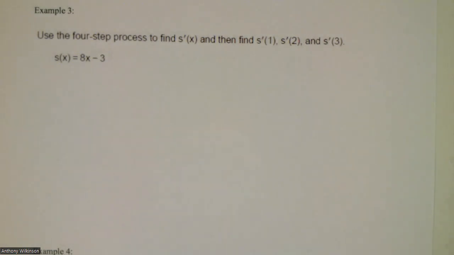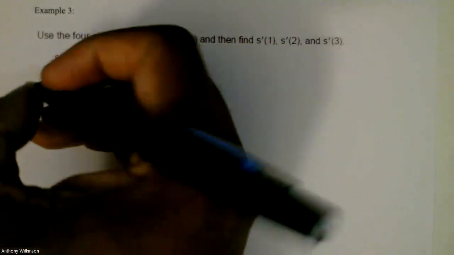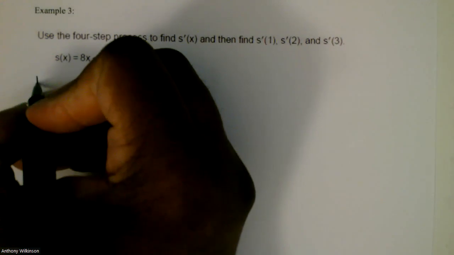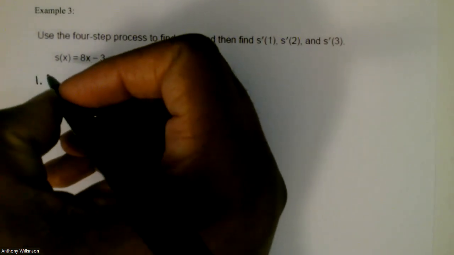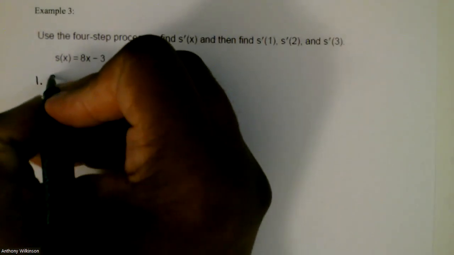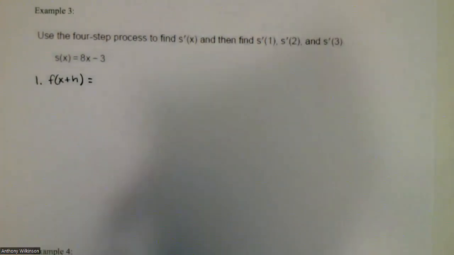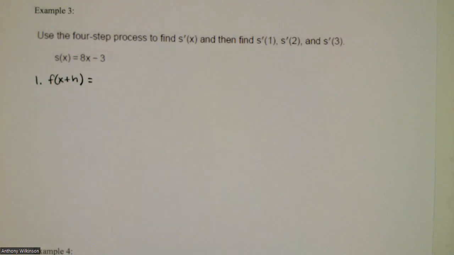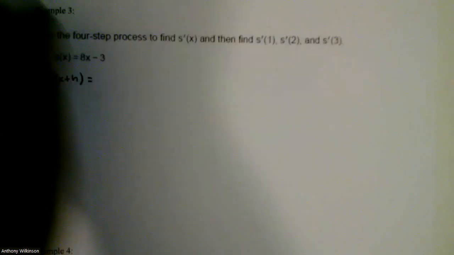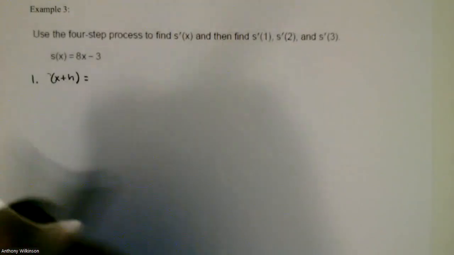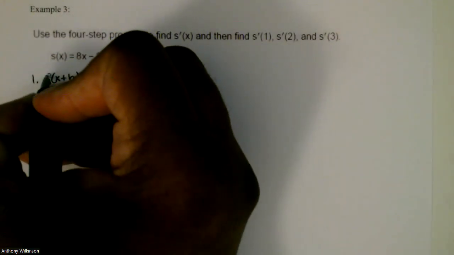So in step number 1, you're going to find f of x plus h. And I don't want to use f of x plus h since we're using s. Let's be consistent, just use s of x plus h.